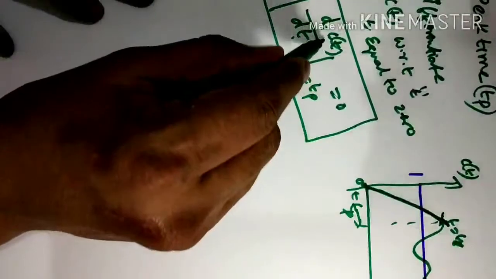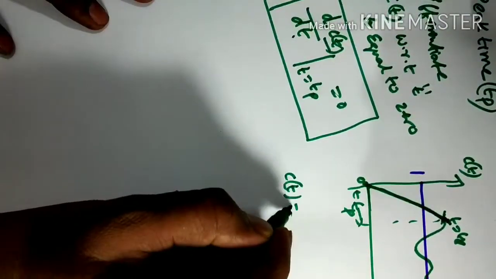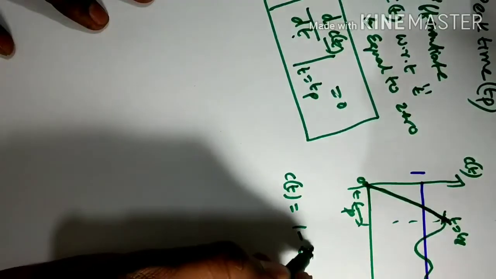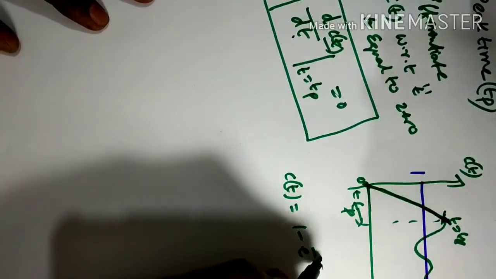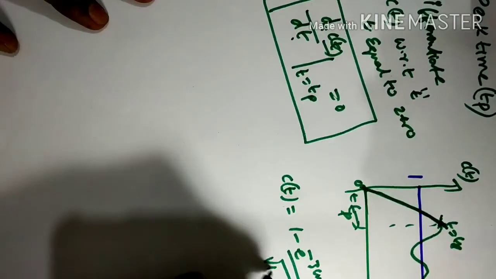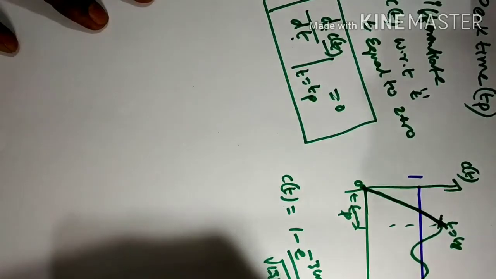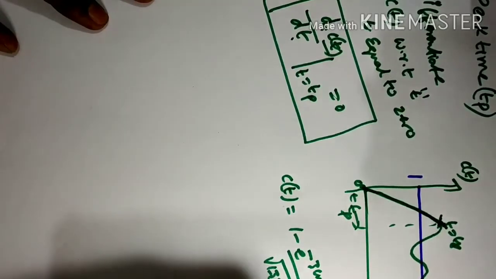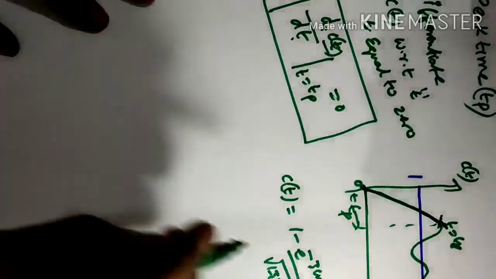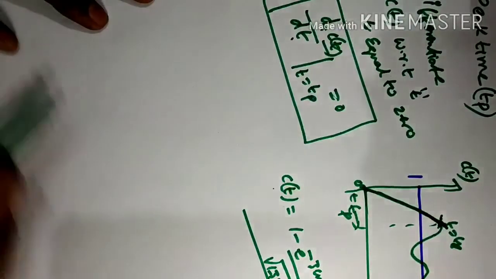You know what c of t is, right? c of t for the underdamped response is 1 minus e raised to minus zeta omega n t by root of 1 minus zeta square, sine omega d t plus theta. You know this expression, so you have to differentiate this one.